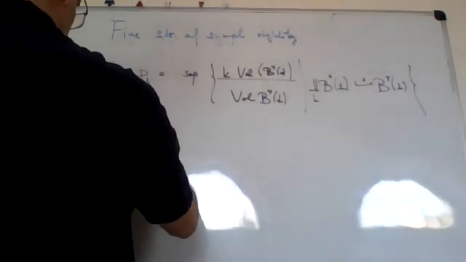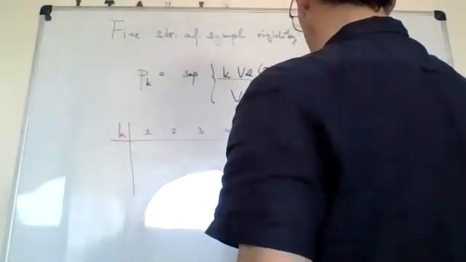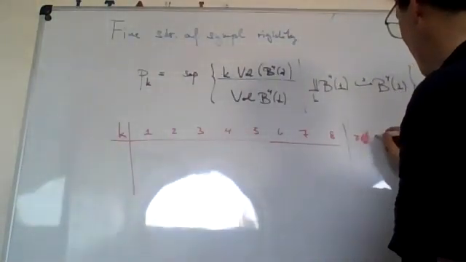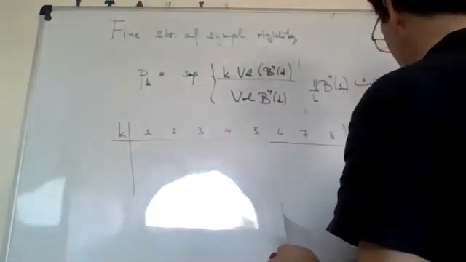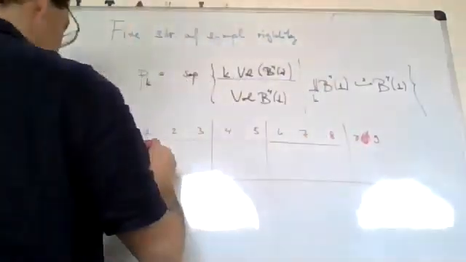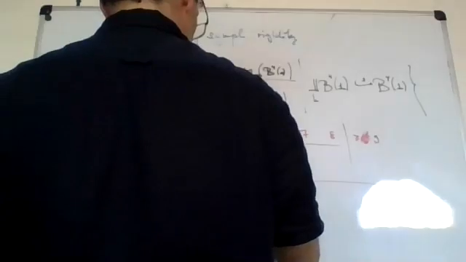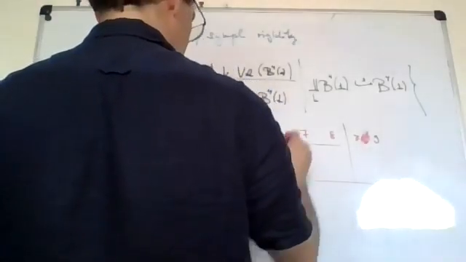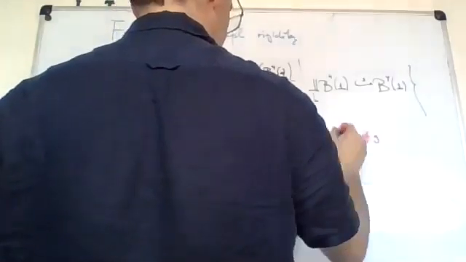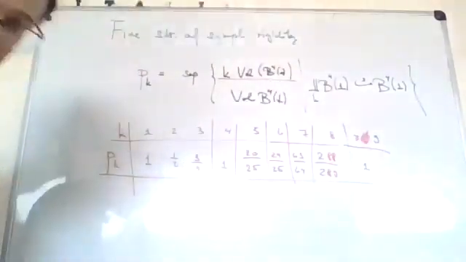We had here k, and then 1, 2, 3, and here p_k we have seen: 1, 1/2, 3/4, 1, and so on. Do you remember that?